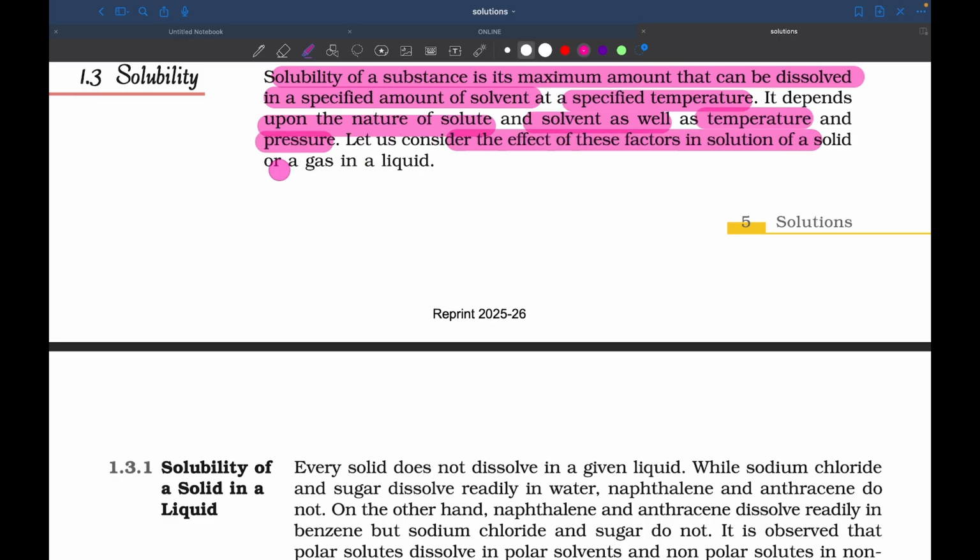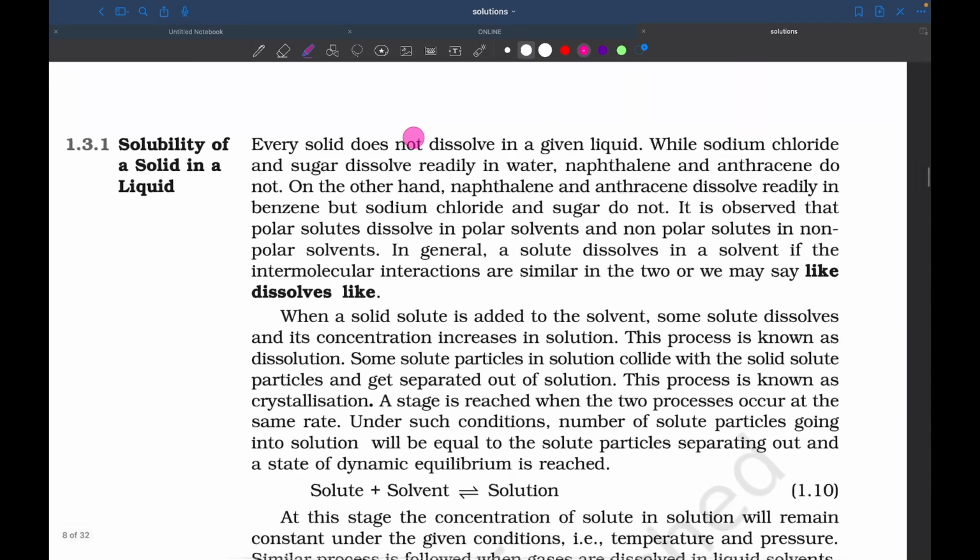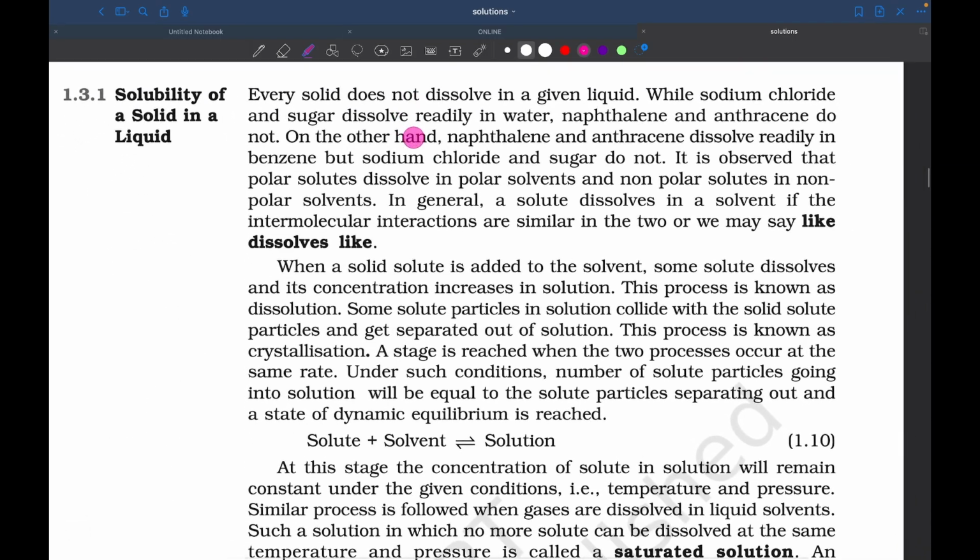Let us consider the following factors here. The solubility यहाँ explain किया है, कुछ different cases भी explain किया है. The solubility of solid in a liquid. So this is not about Henry's law, but we will discuss. Every solid does not dissolve in a given liquid.